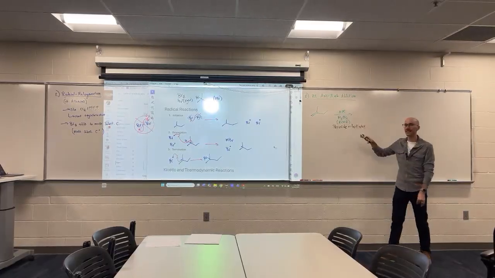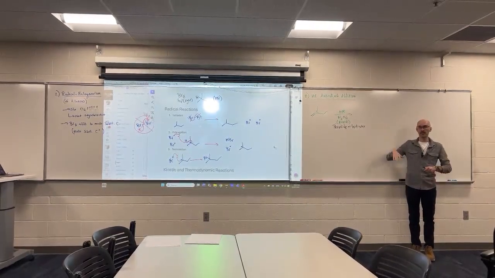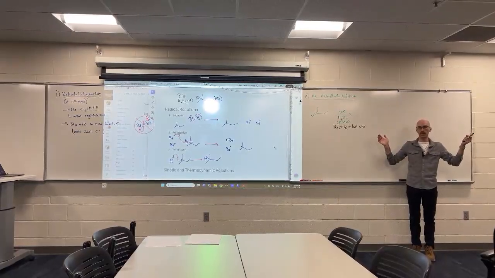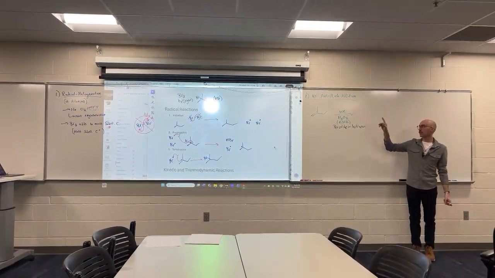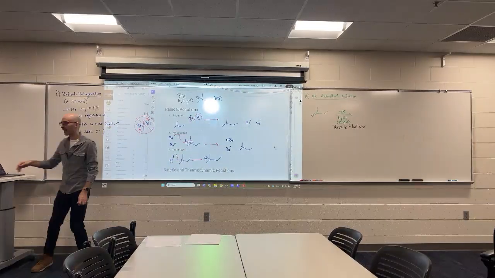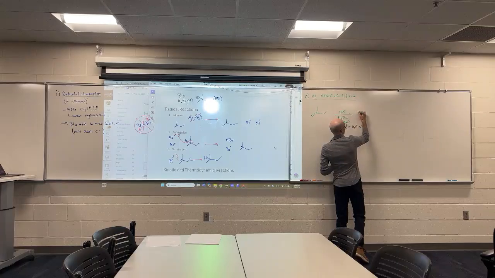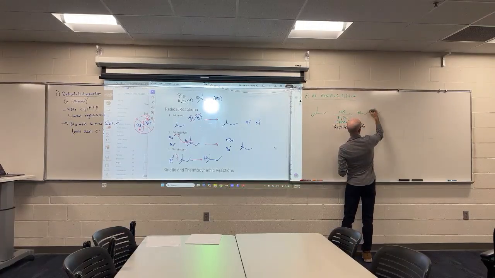Considering that this is the only change, alkenes with HX, Markovnikov HX addition. Alkenes with HX in peroxide, anti-Markovnikov addition. The difference must be the peroxide.